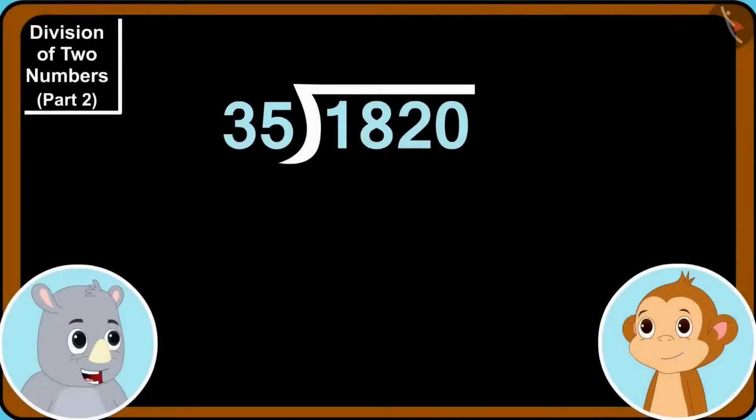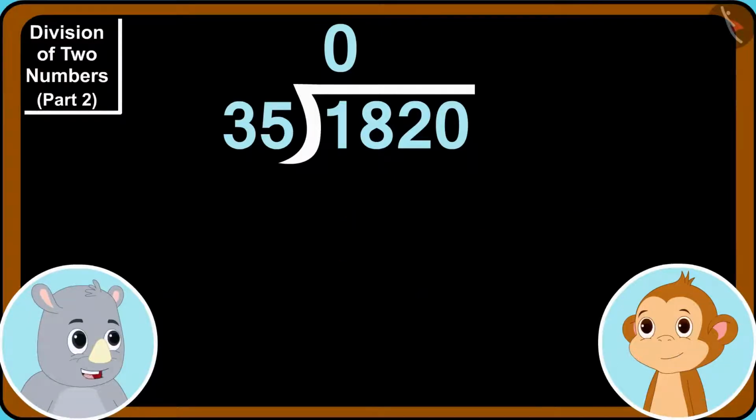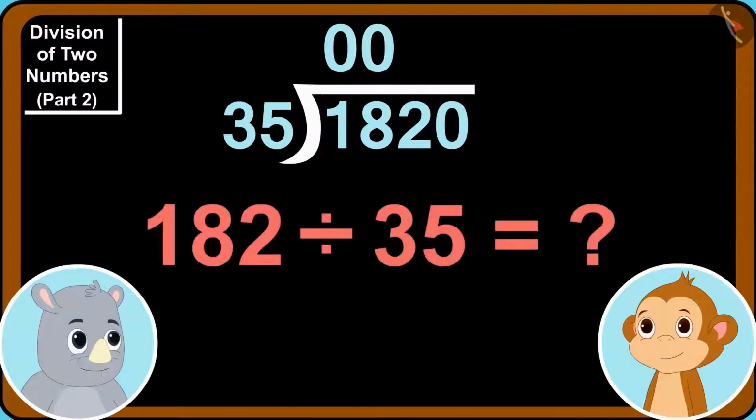No. So, we shall write a 0 up here. Now we will look at the next digit and join it with the first. 18. Can we divide 18 by 35? No. So, we'll write one more 0 above. Now can we divide 182 by 35?